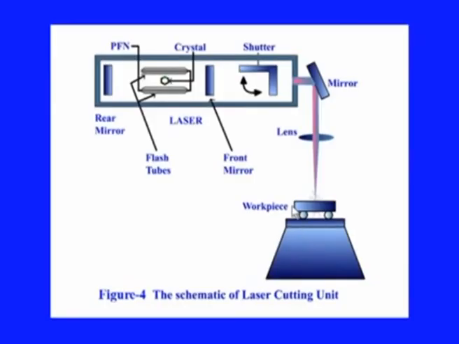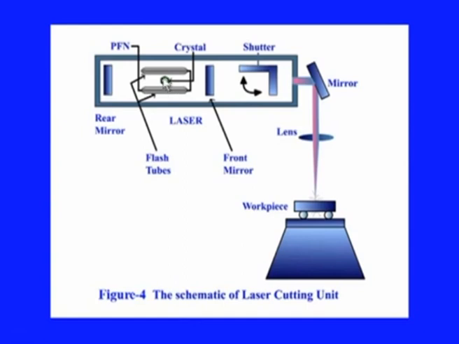In this figure, when the power is supplied by the pulse forming network, an intense pulse of light or photons is released through one end of the crystal rod like this. So, this is the PFN, also called pulse forming network, in which these are flash tubes which will be supplying the additional energy to the lasing material, which is a crystal, in this case.